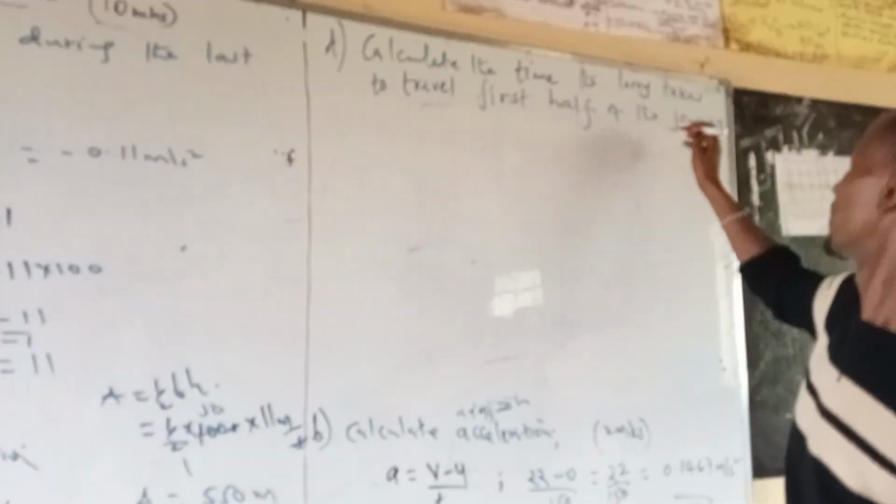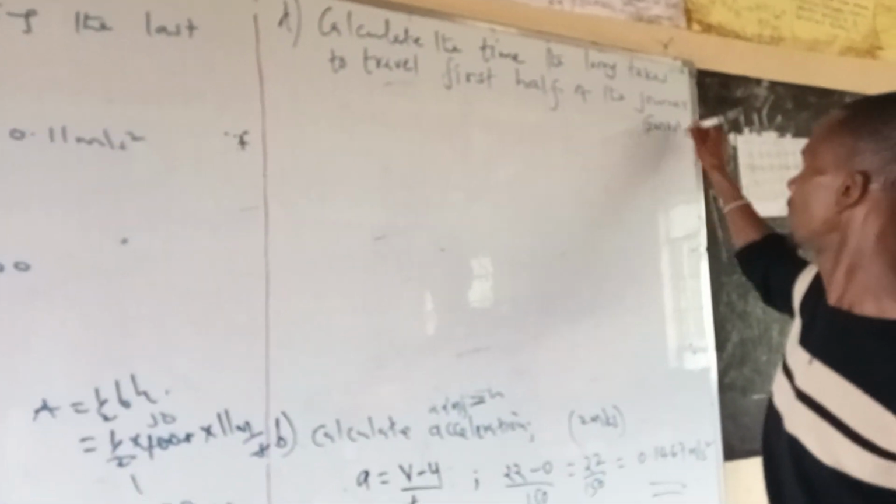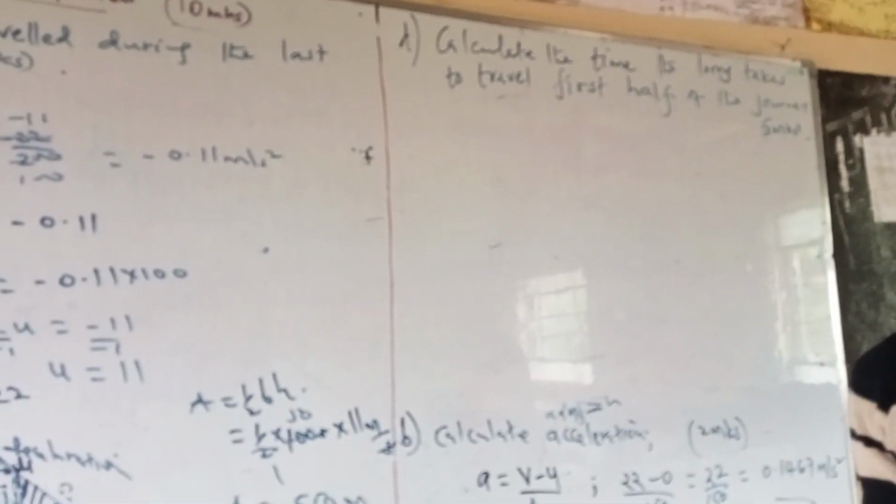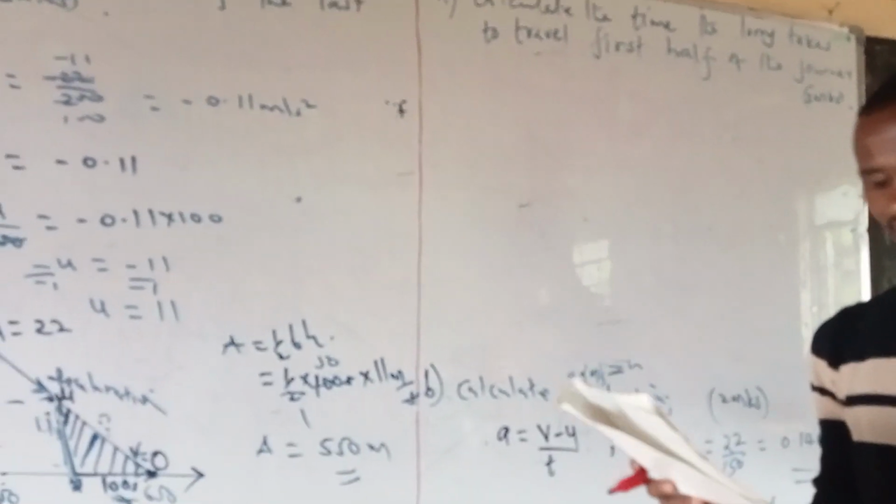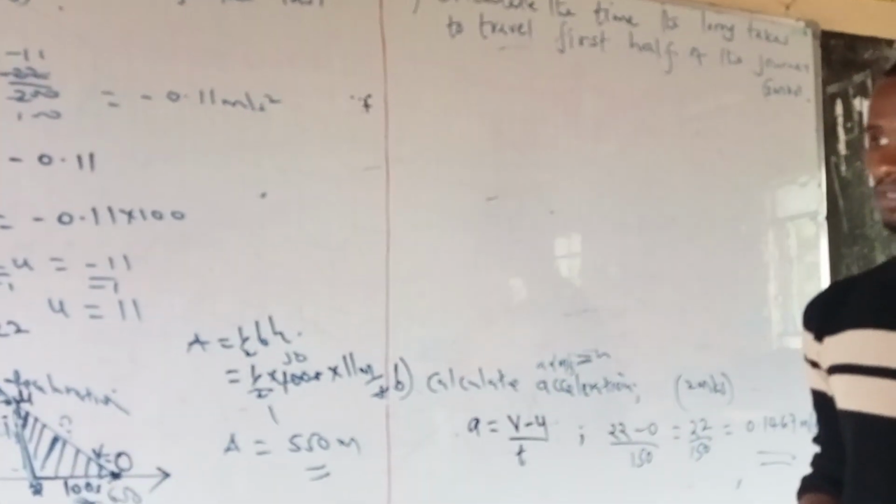Calculate, and that is 3 marks. Calculate the time the lorry takes to travel the first half of the journey.